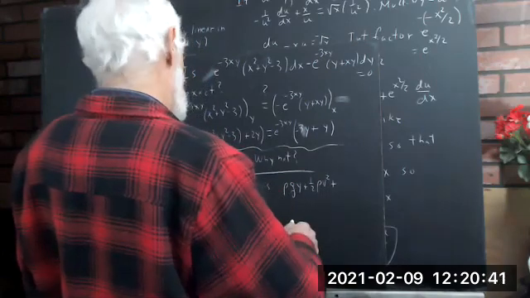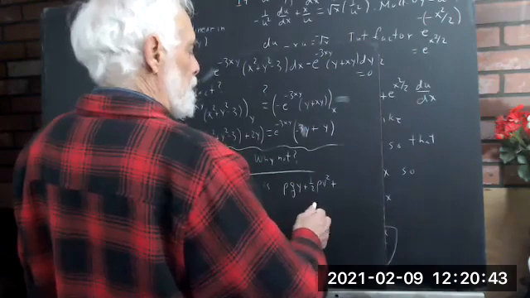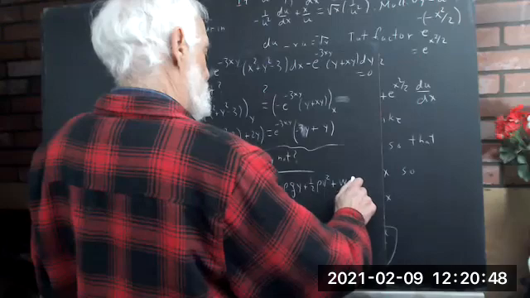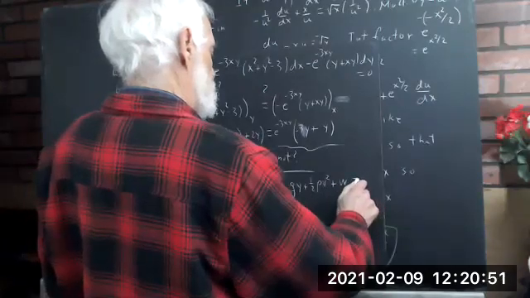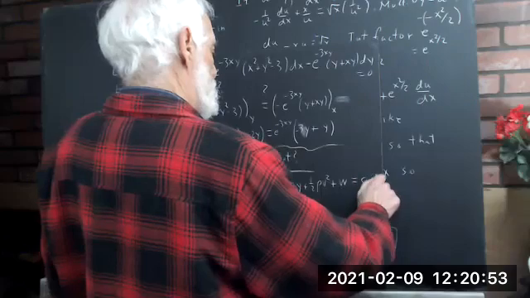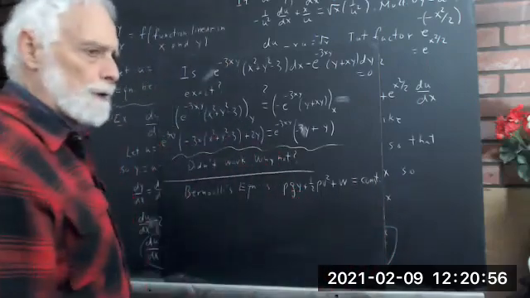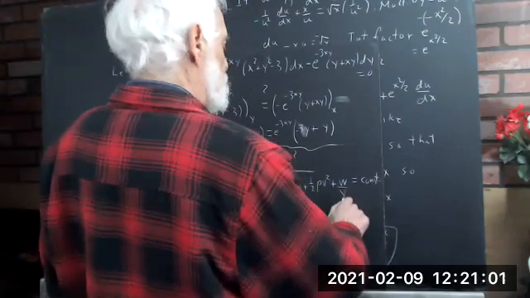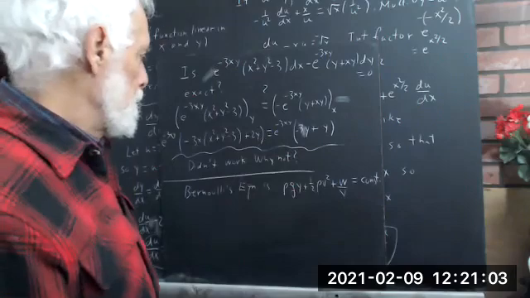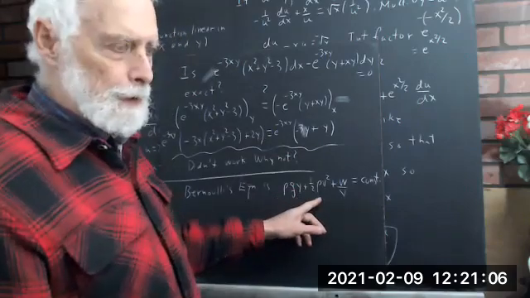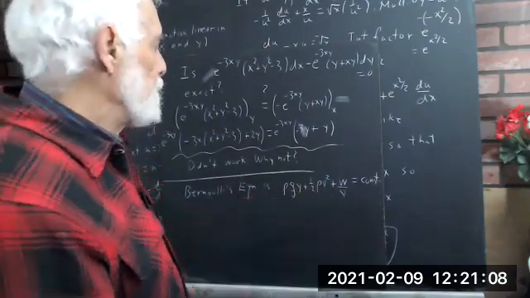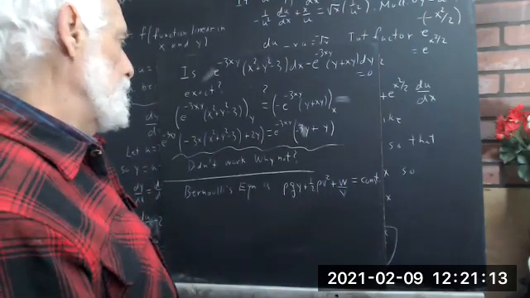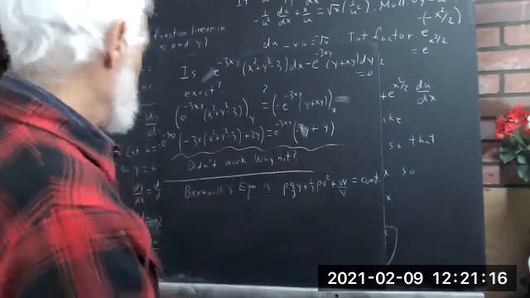Potential energy term, kinetic energy term, and then your work term. And that's equal to a constant. It's work per unit volume. Okay, so that's potential energy, that's kinetic energy. This is work per unit volume. And that's Bernoulli's equation.